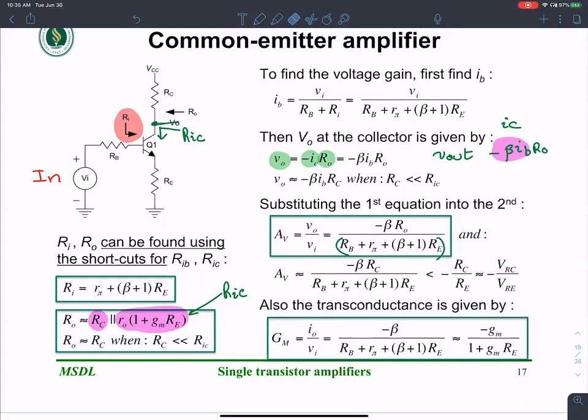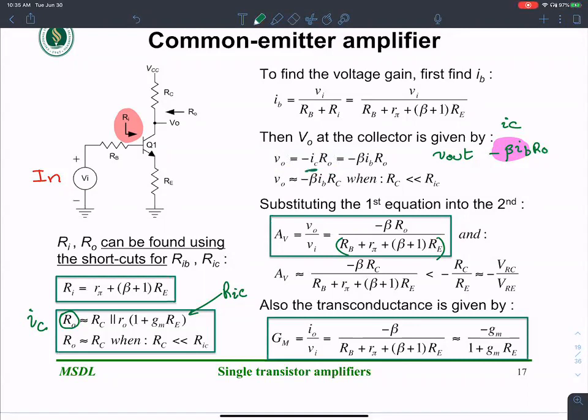At the output node, R output is going to see one parallel path, RIC, down into the collector, and one path up into the power supply. That's their parallel. So output resistance times the output current will give you the output voltage. Output current IC times output resistance R naught will give you the output voltage.